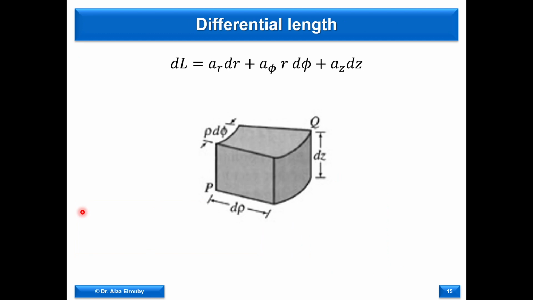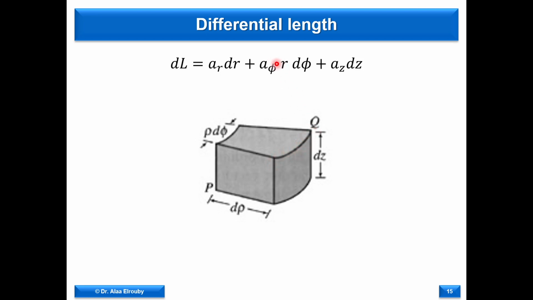So coming to the same task of describing differential length or surface or volume in cylindrical coordinate system. dl would equal a component along AR, then a component along A phi. The component along A phi is a curve, so we must know how to describe the length of a curve.